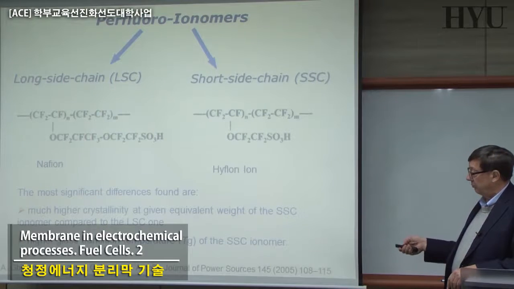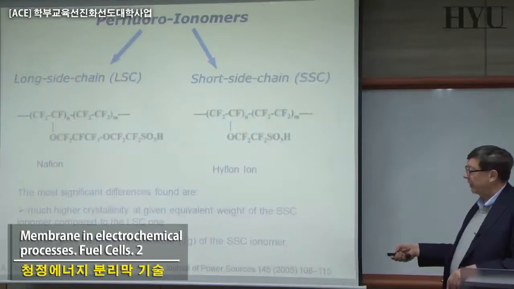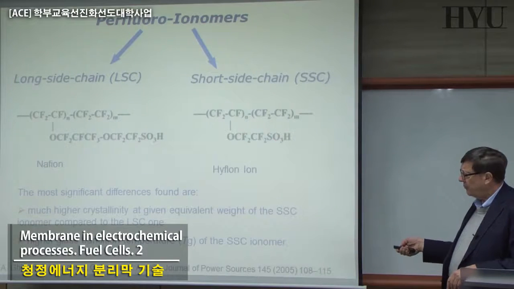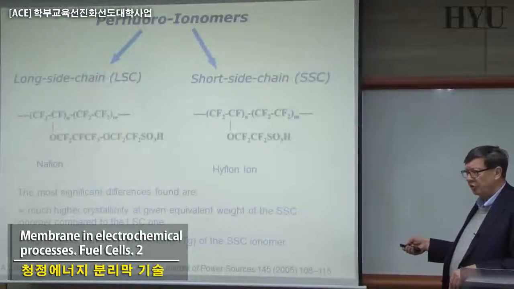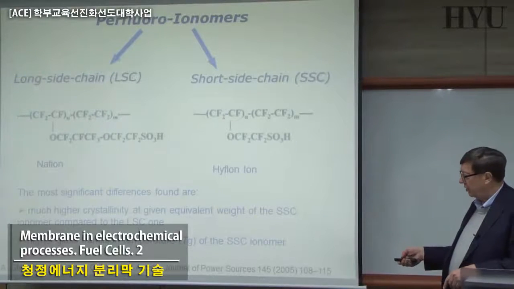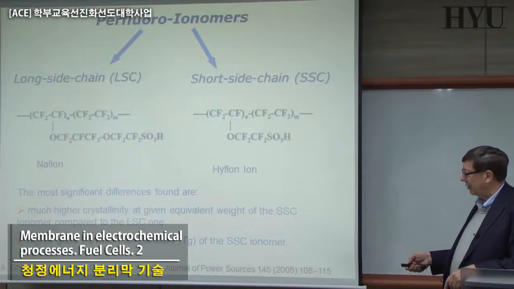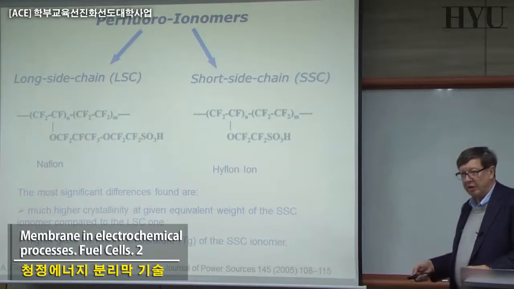So this basic difference is due to the much higher crystallinity when you compare this short chain to the long chain, and it's the same with the glass transition for this short chain ionomer.